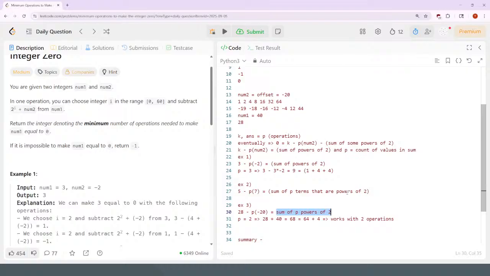Like you could be adding 128 with 2. We can add 64 with 16. Is there something that makes sense? So the powers of 2 could be 2 to the 0, which is 1.